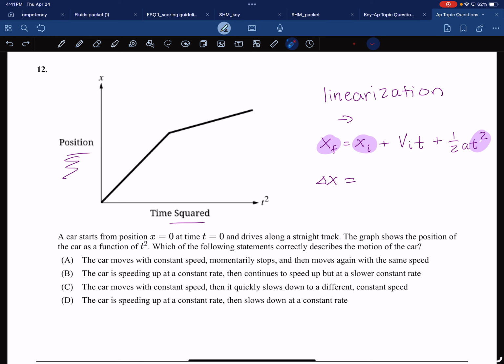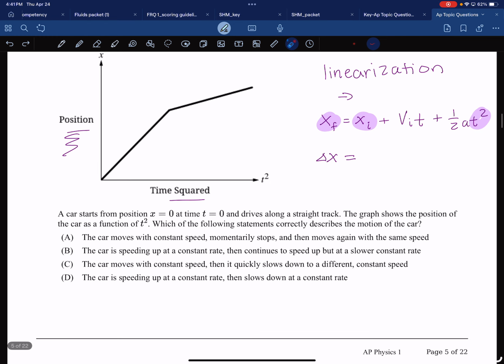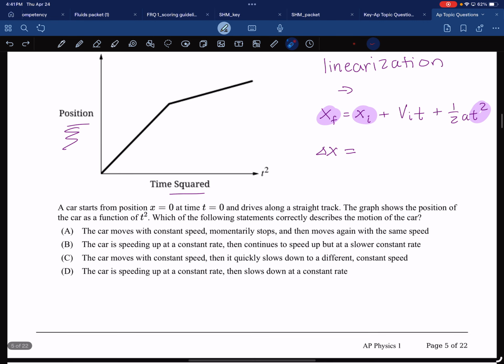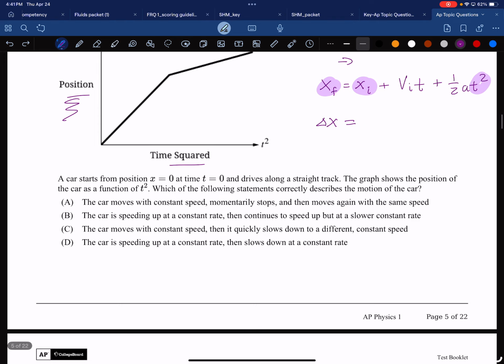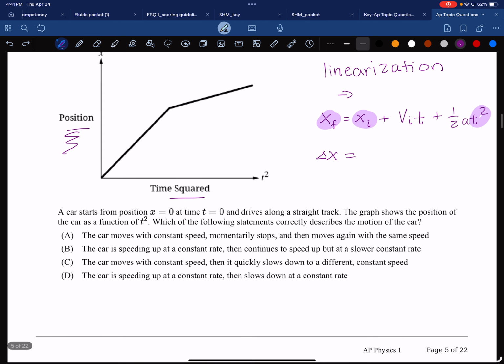So it doesn't say that the car is starting from rest. However, I'm trying to find a way to explain why I'm going to get rid of this.